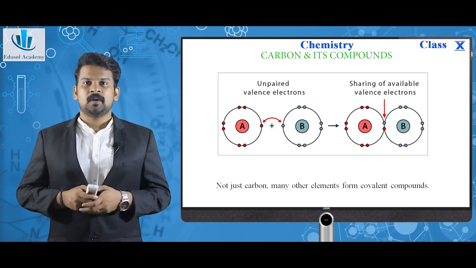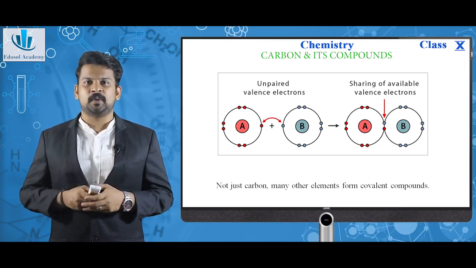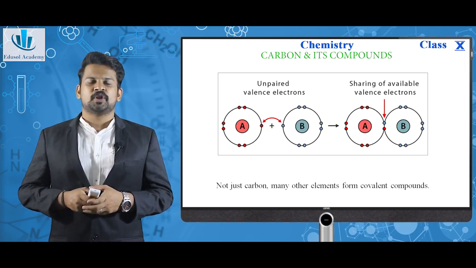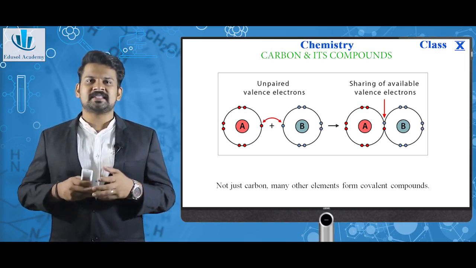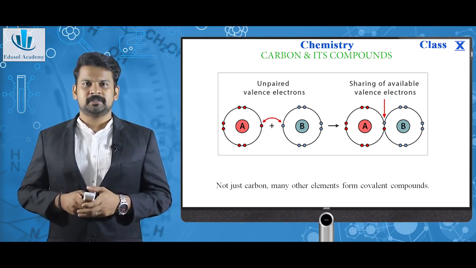As you can see, one pair of electrons is shared between A and B. Not just carbon, many other elements form covalent compounds. So this is the concept of covalent bond.